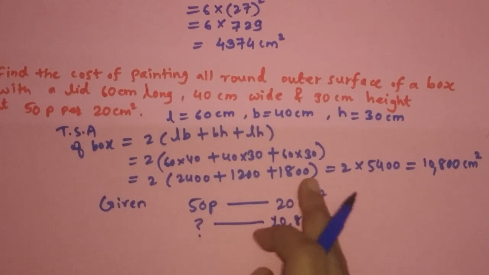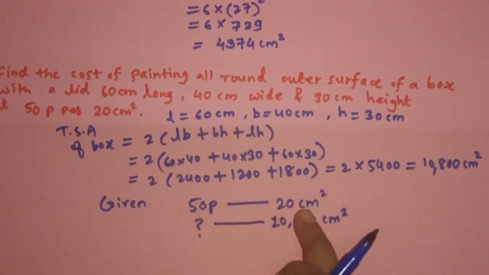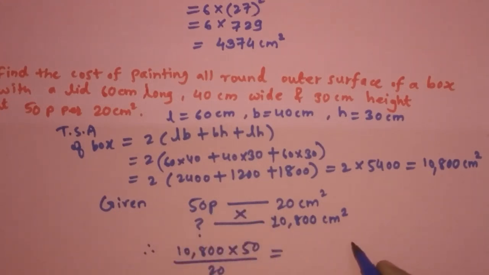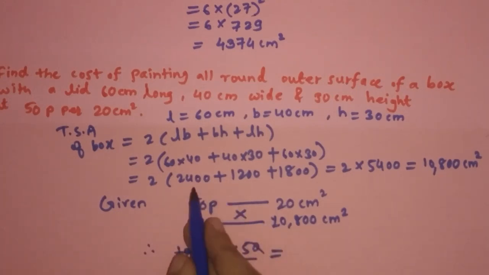So 50 paisa per 20 centimeter square is the painting cost. Our total surface area is 10,800, therefore we do cross multiplication: 10,800 into 50 divided by 20. The zeros will cut, and we will get 5400.